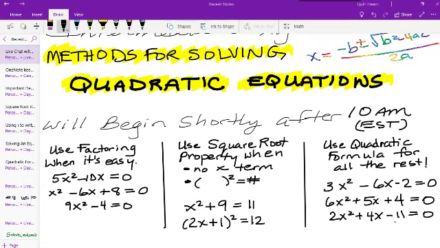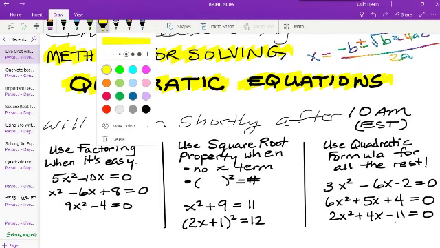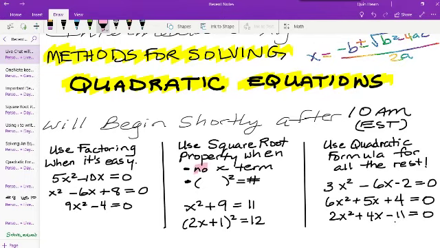Now, if you look at an equation and it's not simple to factor, you want to think about whether you want to use the square root property or the quadratic formula. There are two cases where we can very easily use the square root property. We have the case where we have no x term in the equation, like this one here, x squared plus 9 equals 11.